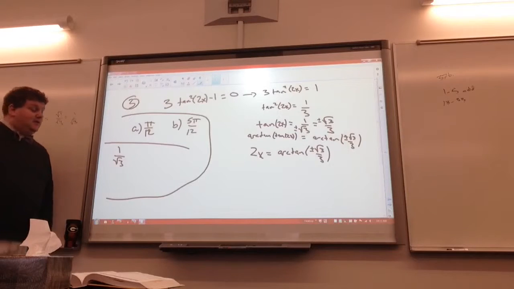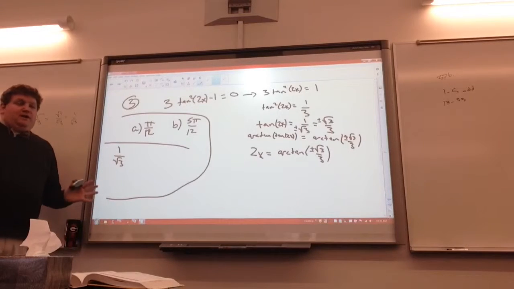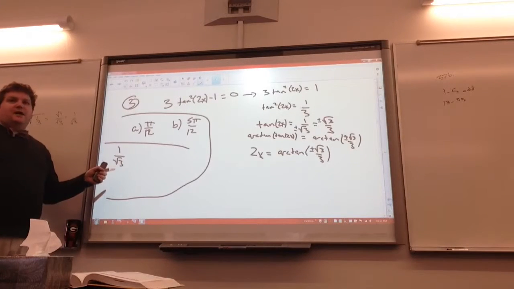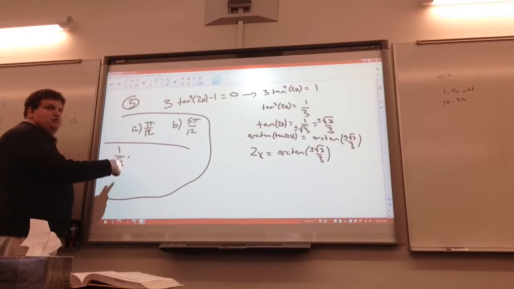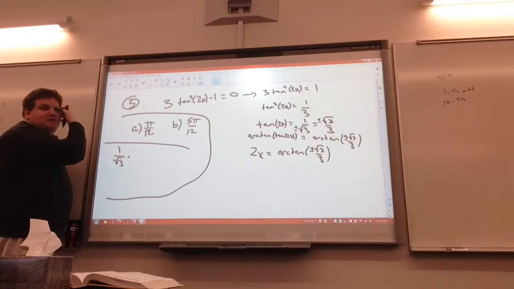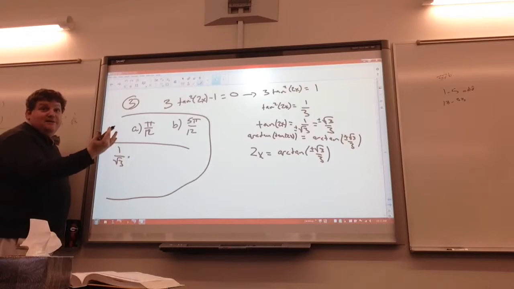Really what it comes down to is that technically speaking, you're supposed to rationalize it. When you rationalize it, you basically get the square root out of the denominator. The only way you can do that is to multiply this by basically 1, in such a way that the square root goes away. If you square a square root, it goes away, right?